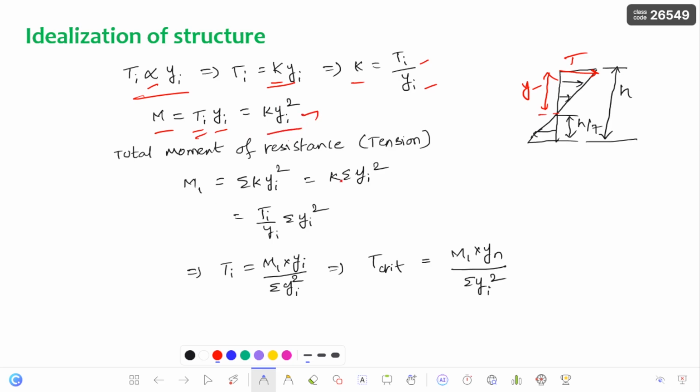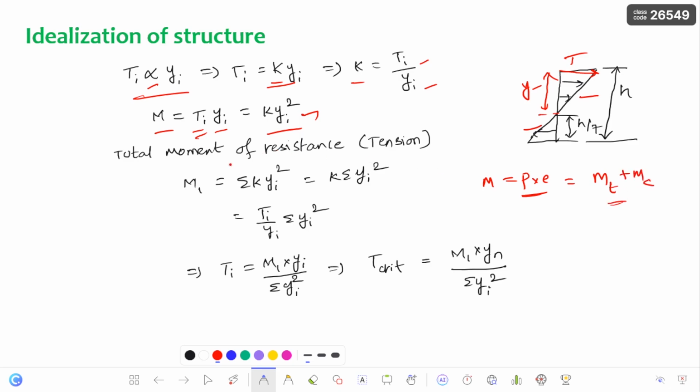Now the moment which is developed is nothing but P into E, and this particular P into E moment is going to be converted into tension force moment and also compression force moment. So we can say that this total moment is equal to the tension force moment plus compression force moment.